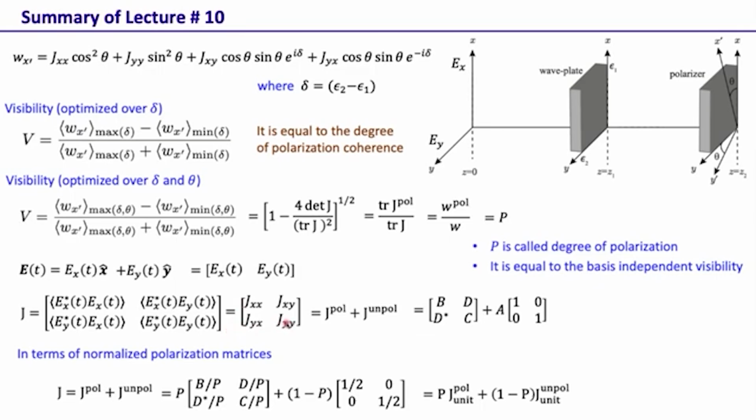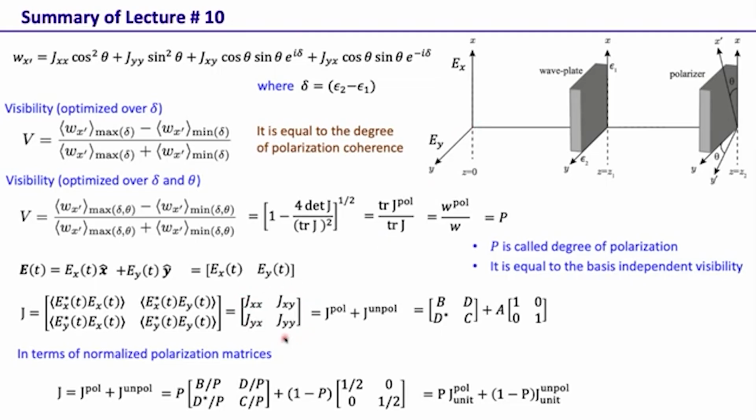Now suppose we diagonalize it, and in the diagonal form it will only have the diagonal entries and no off diagonal entries. The diagonal entry, for example Jxx, represents the intensity of the x polarization or the spectral density of the x polarization, and Jyy represents the spectral density of the y polarization.